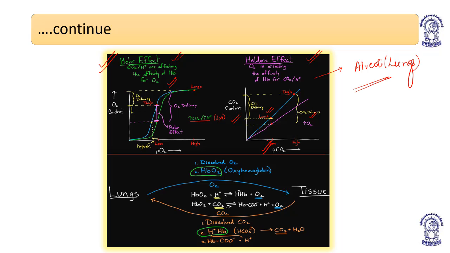So when the partial pressure of CO2 is high, oxygen is associated. Oxygen combines with hemoglobin to form oxyhemoglobin.